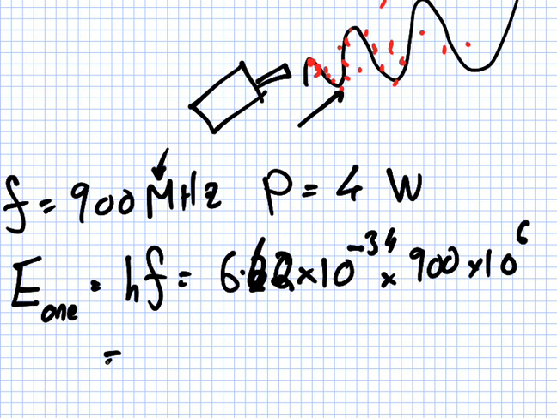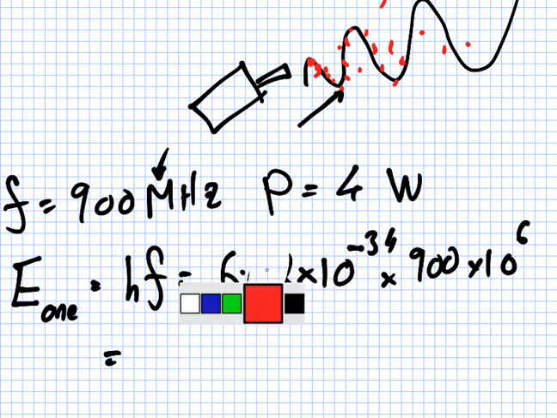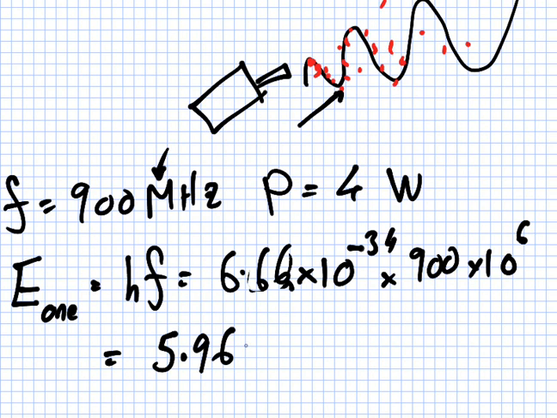It'll be really small because there's only one photon. It comes to 5.96 times 10 to the minus 25 joules. So that's how much energy one photon has.